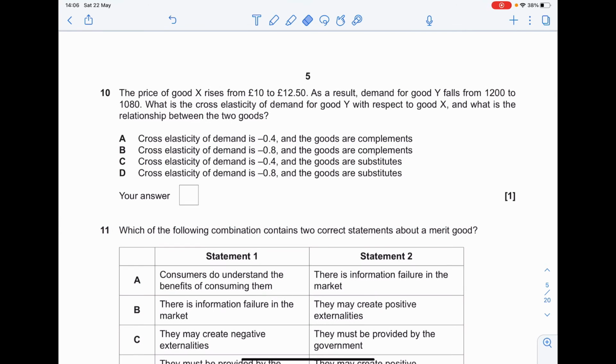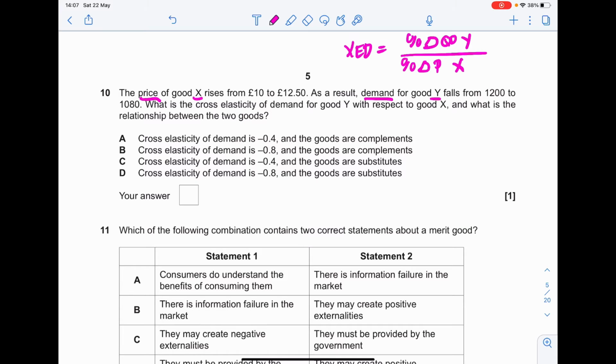Right, so another calculation question here, this time cross elasticity of demand. So we start off with our formula. Cross elasticity is percentage change in quantity demanded of one good divided by percentage change in price of the other. So we've been given the price of good X and we've been given the demand for good Y. So we're going to have percentage change in quantity demanded of Y on the top and percentage change in price of X on the bottom.